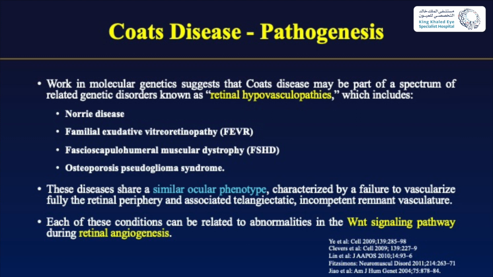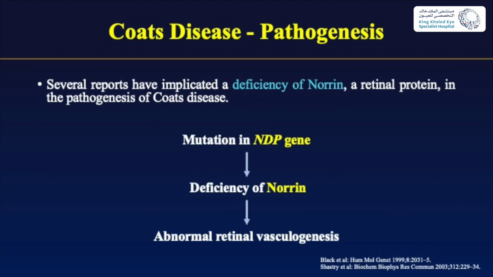All of these conditions share a similar phenotype, and they are also related to abnormalities in the Wnt signaling pathway during retinal angiogenesis. Several reports, including human eyes and animal models, have implicated a deficiency of norrin, which is a retinal protein, in the pathogenesis of Coats disease.